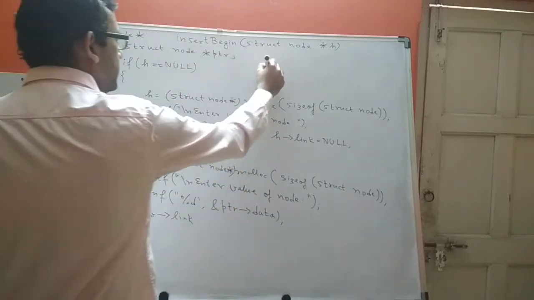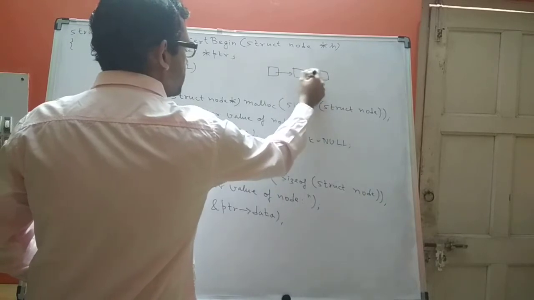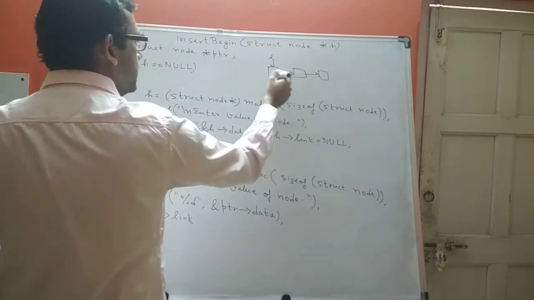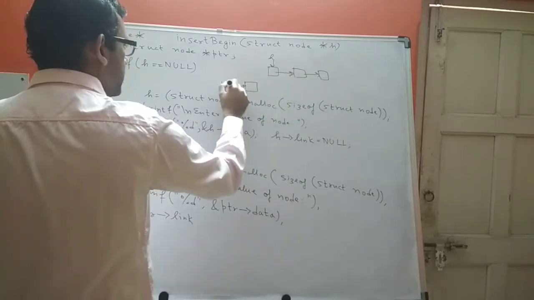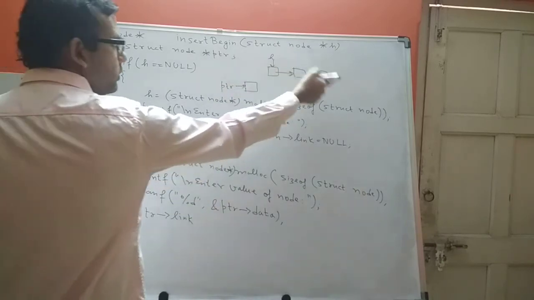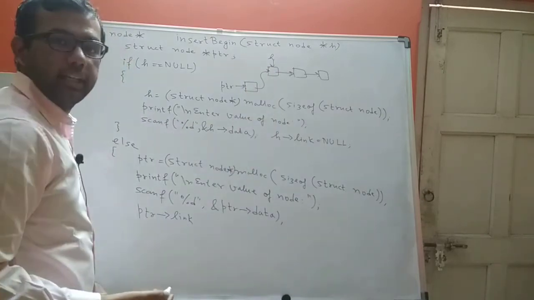Let's say I have a linked list with 3 nodes. So this linked list already exists and it is pointed to by H. Now I already have created a new node. Now that new node is being pointed to by PTR. Now if this new node has to become the first node of my linked list, it should first point to the originally existing linked list.